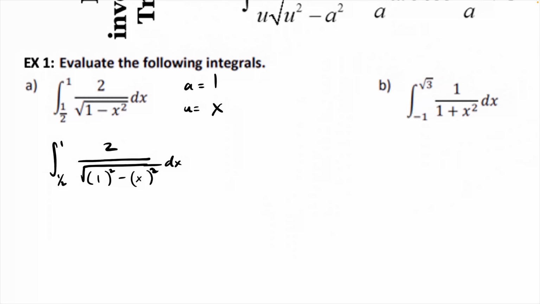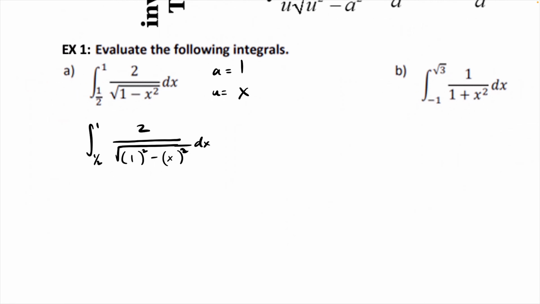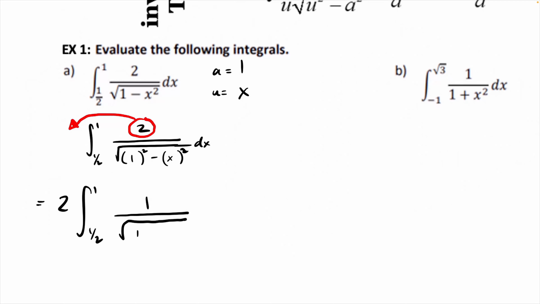Once we know that, what I'm going to do with the 2 is move it to the front. So 2's out in front, then 1 dx on top, over the square root of 1 squared minus x squared.